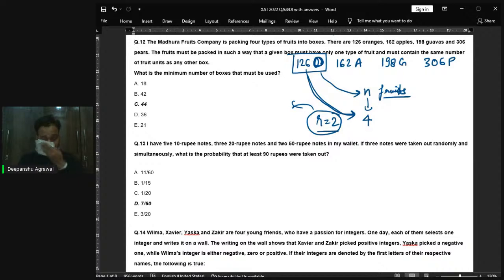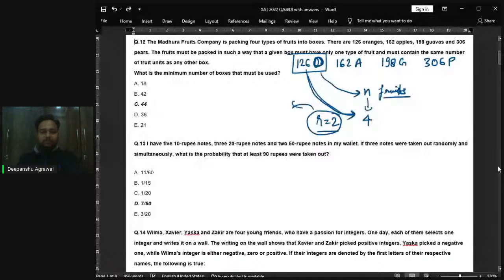Those two fruits can't be put in another box because each box should contain the same number of fruits, right? So if we get n number of fruits, all the boxes should contain the same number of fruits, right?